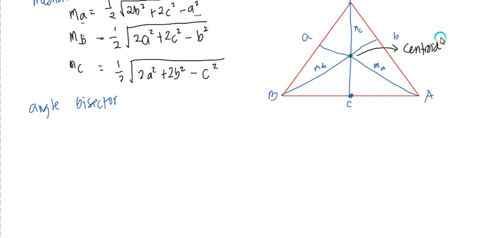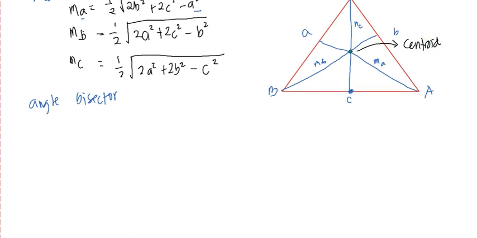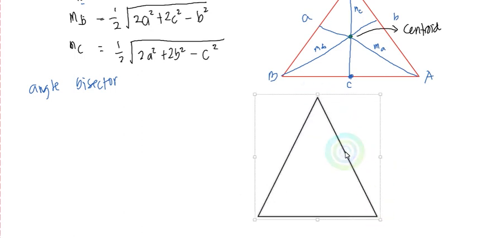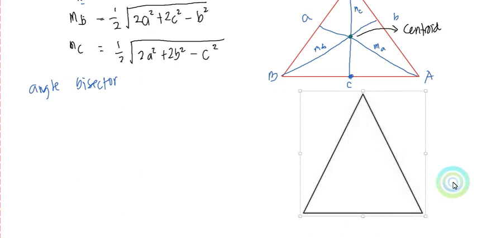Next, we have the angle bisector. So, you have a triangle and it is bisected. We have this one.